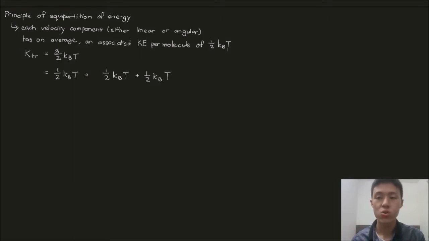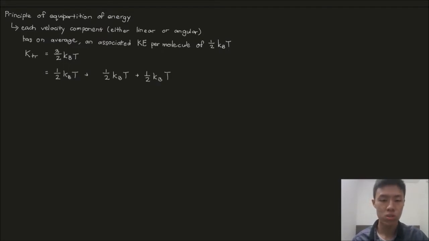So why do we have this 3/2 kBT? This 3/2 comes from the fact that gas particles in translational motion can move in three different dimensions: the x dimension, the y dimension, and the z dimension. And it's because they have three different dimensions that we can split it into three equal parts of half kBT.